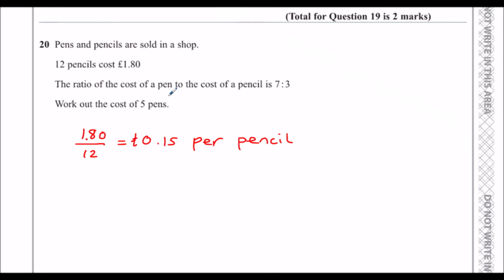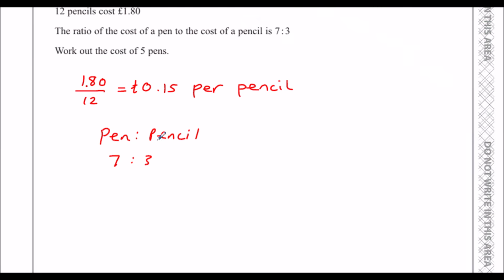The ratio of the cost of a pen to the cost of a pencil is 7:3. And we know it's 15p per pencil. It might have been easier if I started with 180 and just worked out 15 pence. But anyway, 15p per pencil. How much is it per pen? So what do you times 3 by to get 15? That's 5.